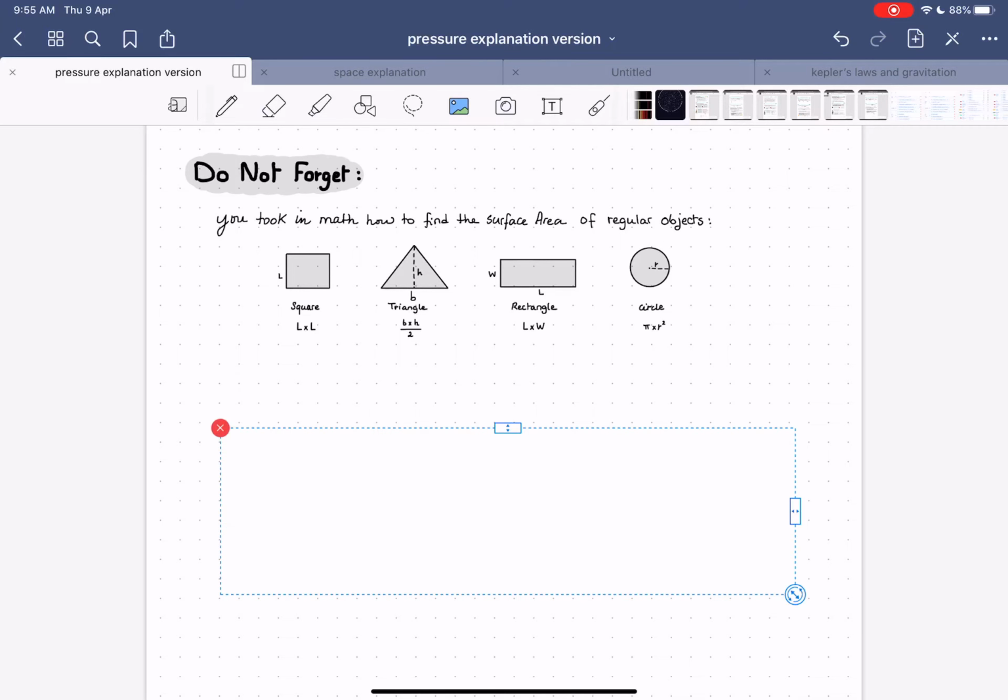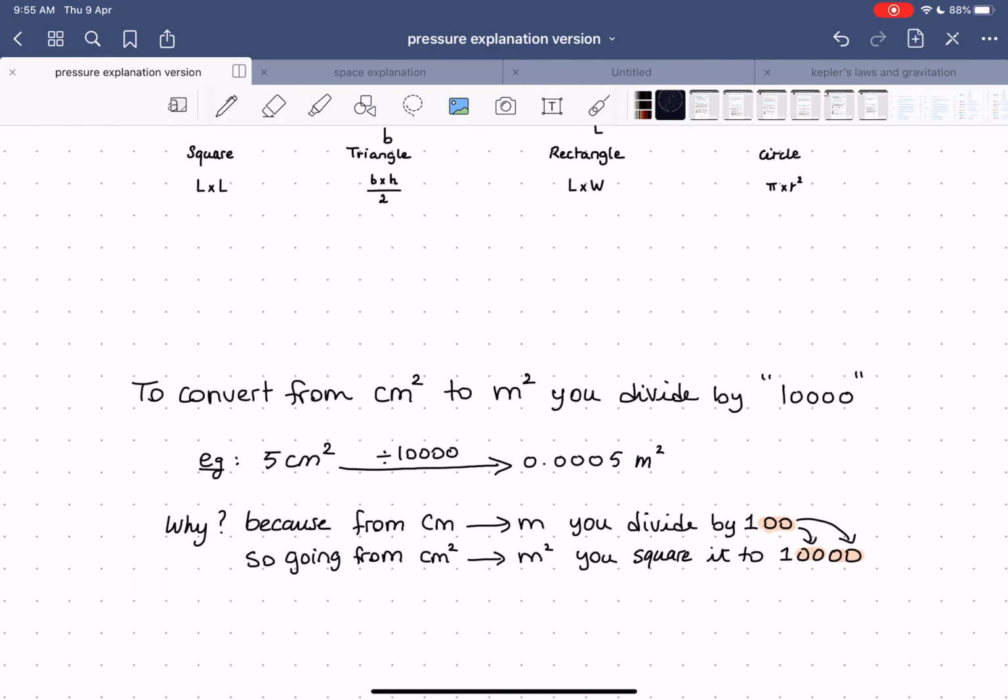Okay? And sometimes they give you the area in centimeters squared. It's better to always convert it to the SI unit by dividing it by 10,000. Okay?